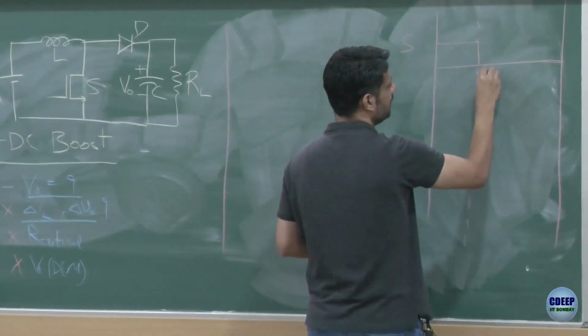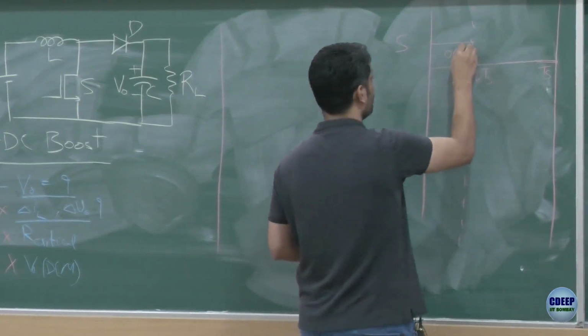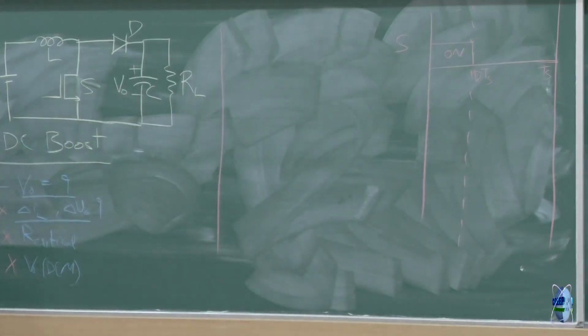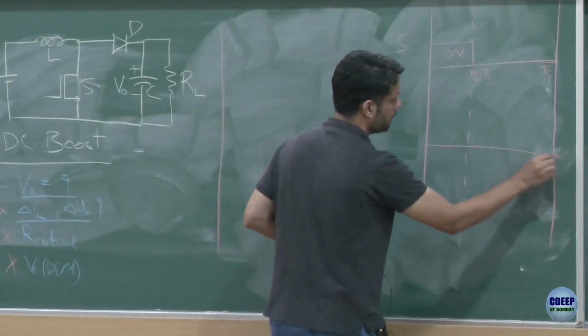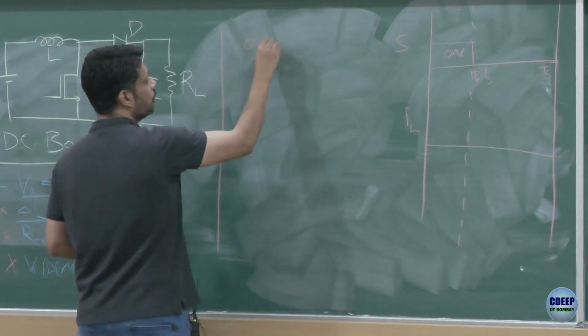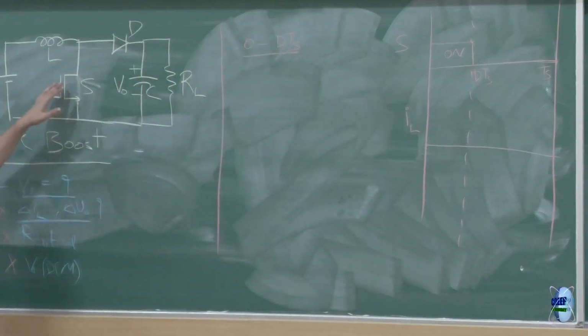So this is D times Ts, this is Ts. The MOSFET switch is on for the first D times Ts, and then it is off. From 0 to D times Ts, when the MOSFET is on, what is the voltage across the inductor?